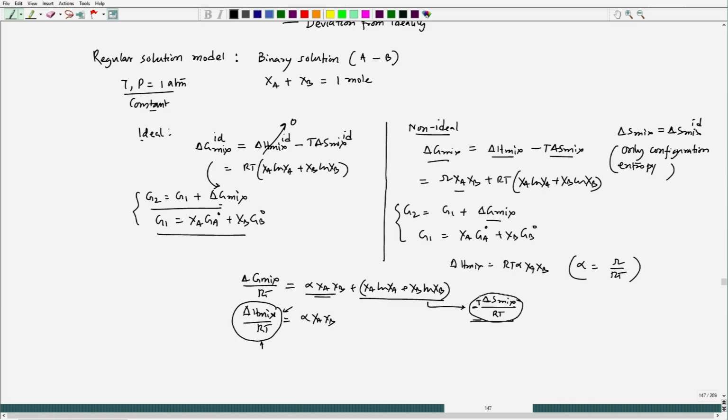Okay. So, initially at a lower value of alpha, we see the delta G mix by R T plot is always convex downward. But as we have seen before, when alpha becomes around 2, the delta G mix by R T versus composition plot starts having a slope change, and it no longer remains convex downward; rather, with the increase in alpha, around mid concentration it becomes convex upward. Okay.